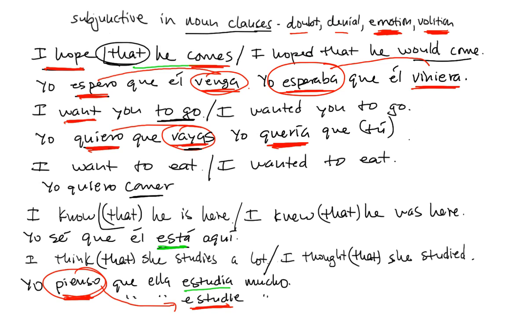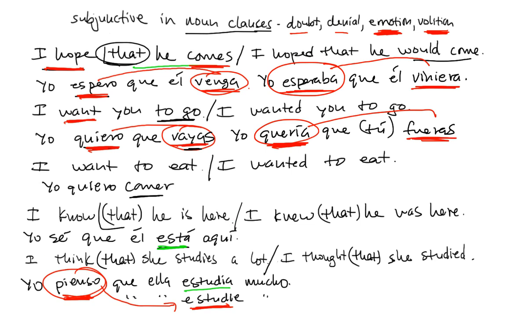So the way that we do that is we put that in the subjunctive, and since the verb in the principal clause is in the past, the verb in the subordinate clause must also be in the past because of the influence. So to go, past subjunctive, yo quería que tú fueras.